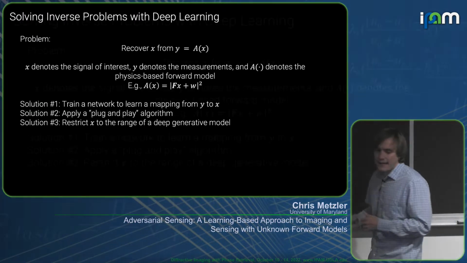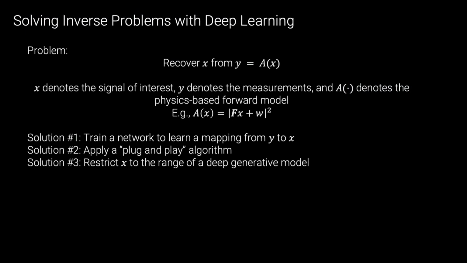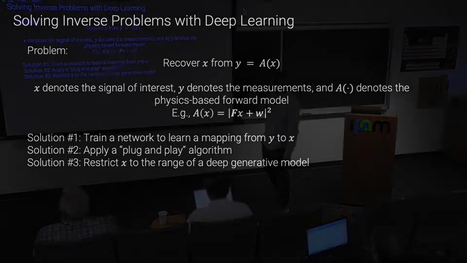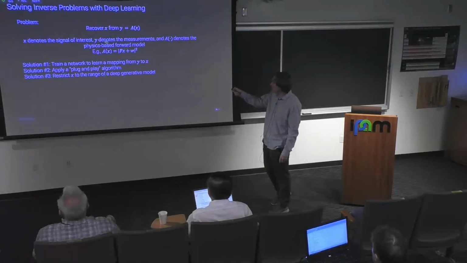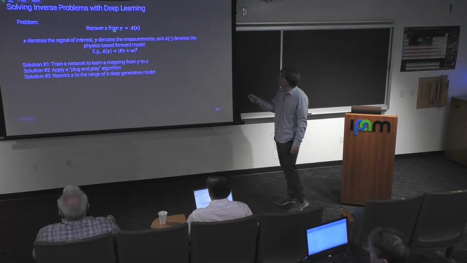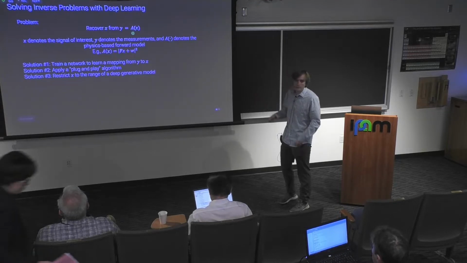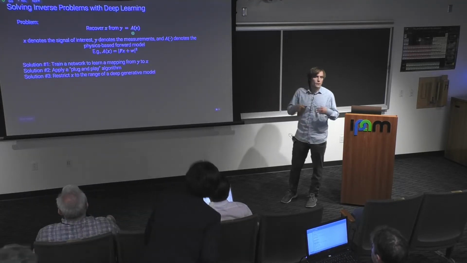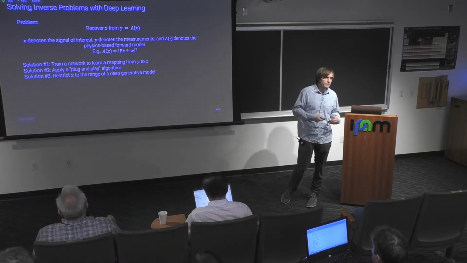Now, before getting to that, let's recall how we apply deep learning to computational imaging problems, where our goal is to recover a signal, an image X, from measurements Y that have some known forward model A, which encodes our prior knowledge about the physical process.